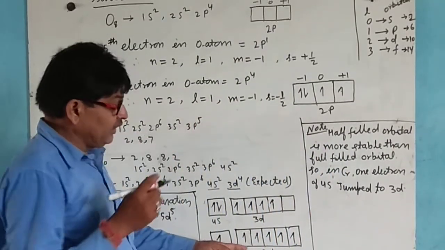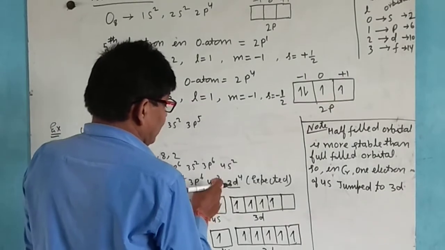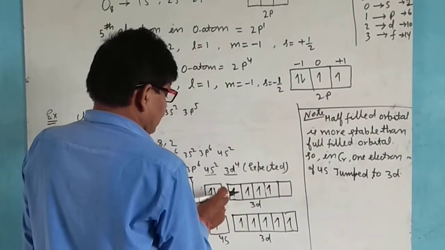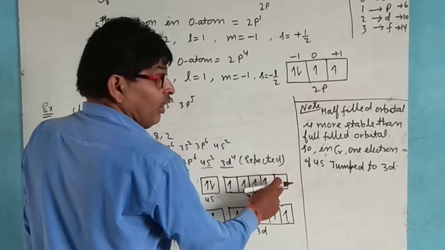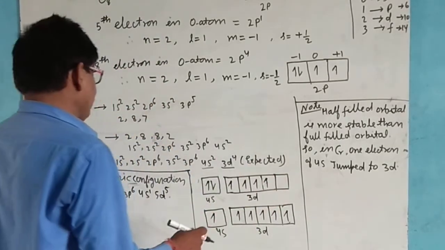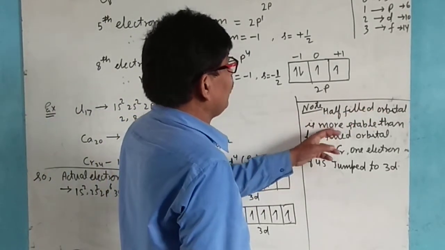Now in this case, according to this, 4s2 and 3d4, the s orbital is fulfilled and the d has unpaired electrons. As you know, a half-filled orbital is more stable.